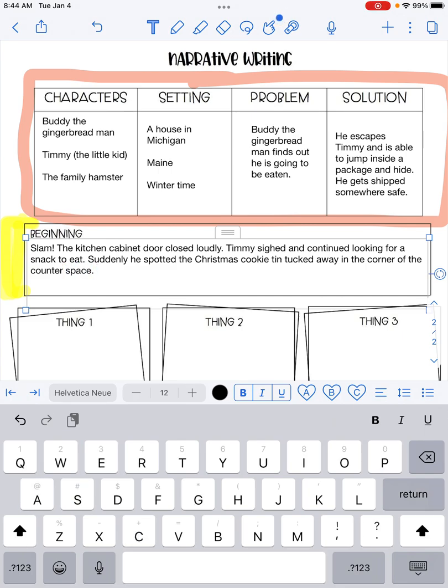Now, why would it be tucked away? I need to maybe include some details here. Well, does it sound like something that would happen if Christmas was one day away? Probably not. Maybe Christmas was last week.